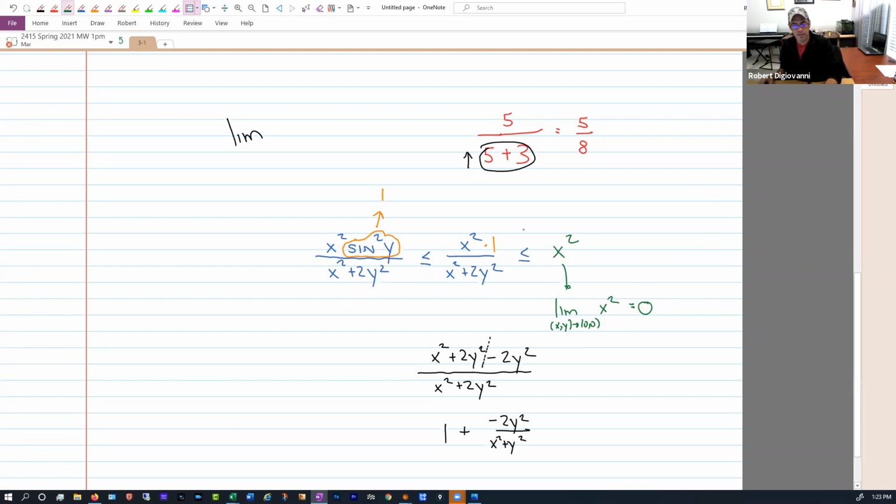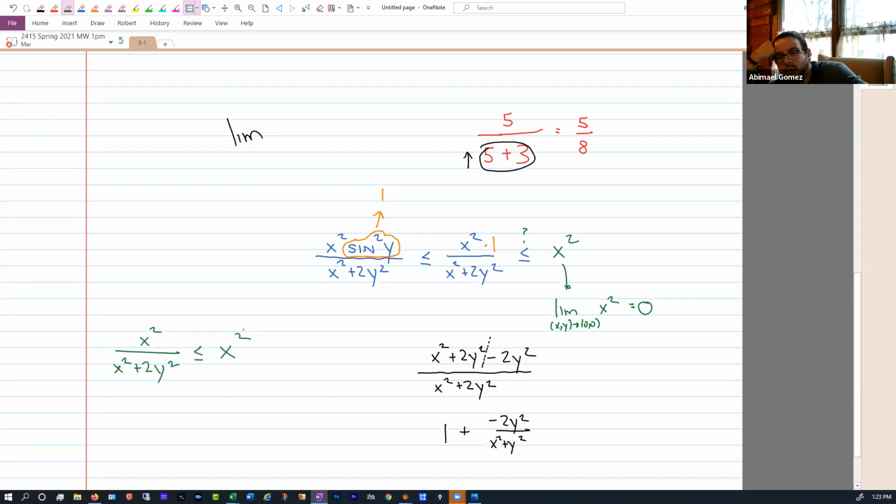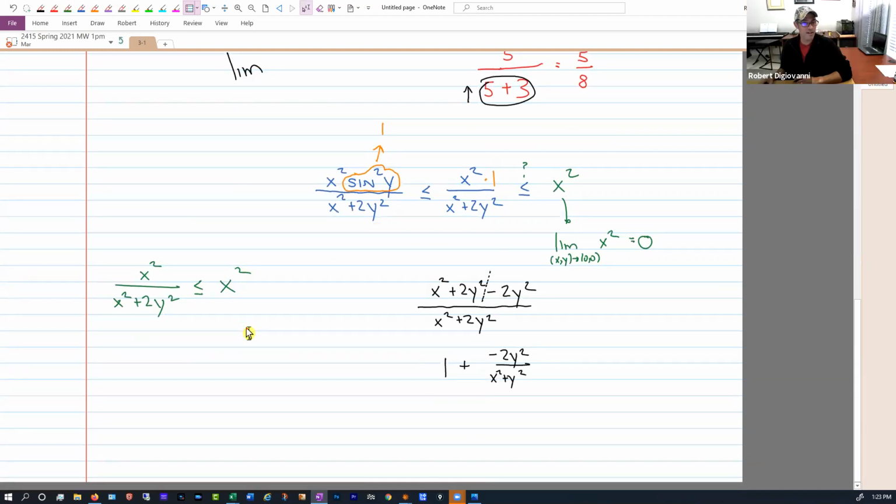We would have to show that this is true. Is x squared over x squared plus 2y squared less than x squared? Is x squared over x squared plus 2y squared smaller than just x squared? Yes, it is actually, right?